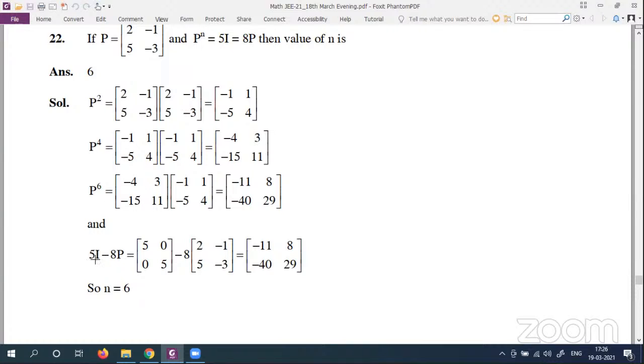Now find 5I minus 8P, and you can observe that the value of n will be equal to 6. So we don't have any other option.